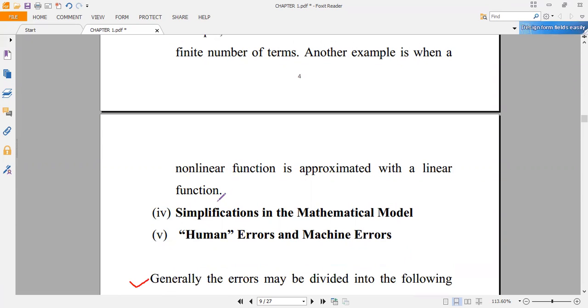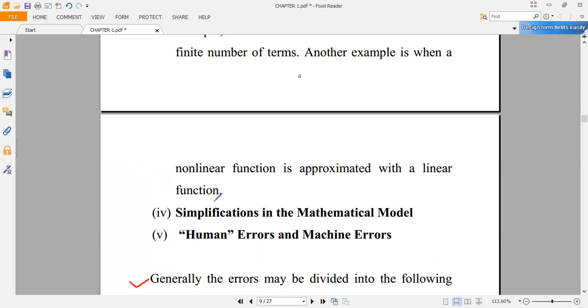Mathematical models are representations of real phenomena, and when representing real phenomena we cannot express them exactly with an equation, so we use simplifications, and simplification produces an error. And the last source of error is human errors and machine errors.